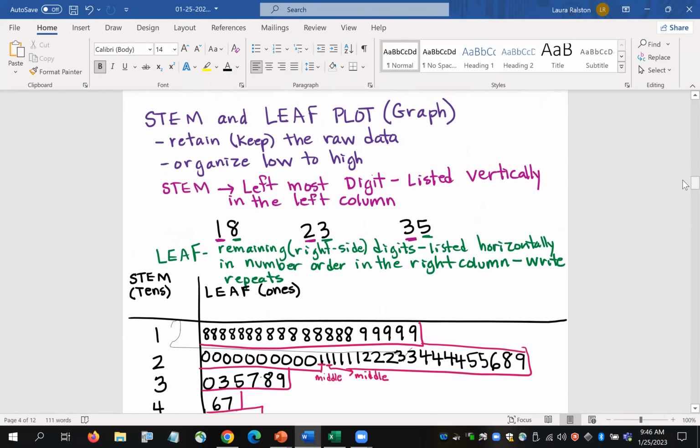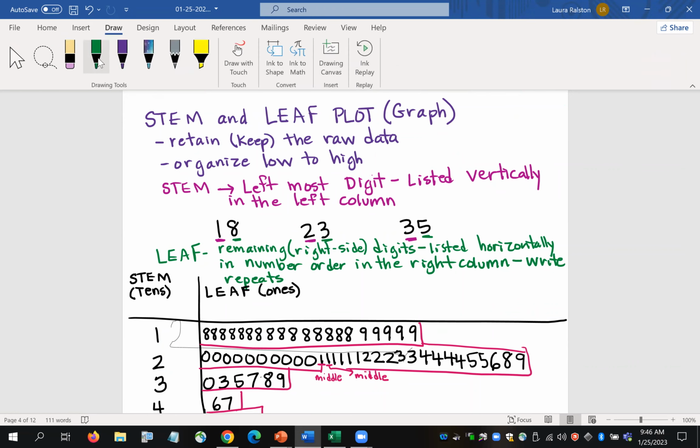So again, the stem and leaf also, I noted for you, allows you to organize the data low to high. One of the things that I remembered this morning as I was reviewing and preparing for our discussion today, one of the things that I did not tell you about a stem and leaf that you might find important is that a stem and leaf is really best for what we call small data sets.